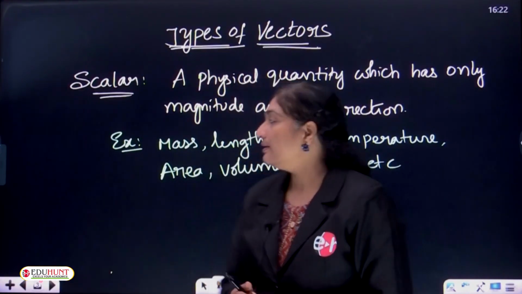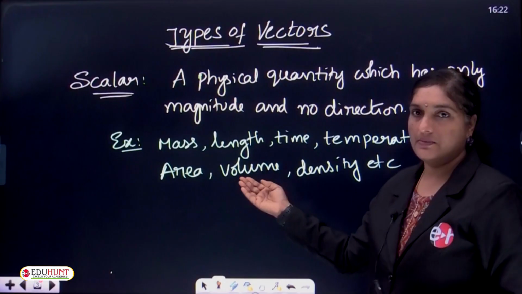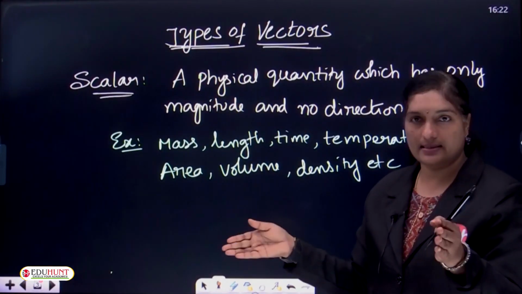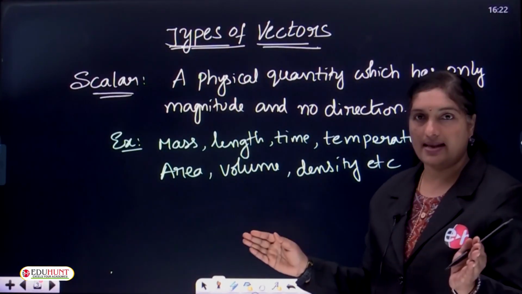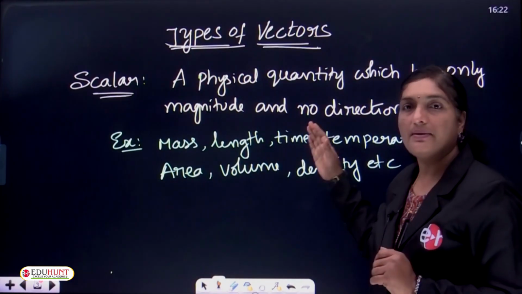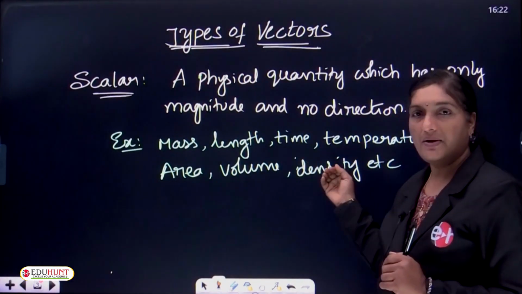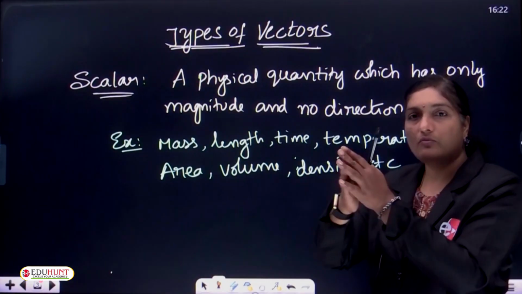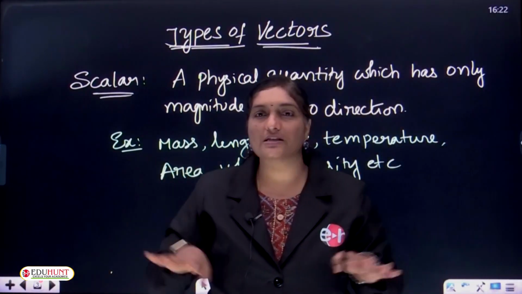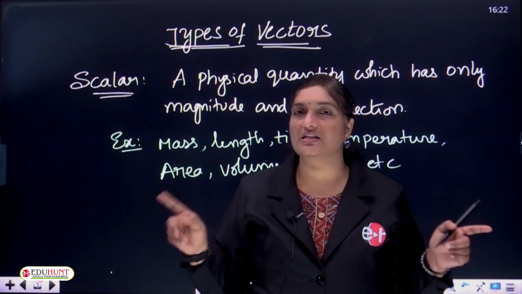The same goes for length: how much the length is. We never indicate the direction while we measure a length. Similarly, for time, temperature, area or volume, we only prescribe how much quantity is there, but not in which direction.